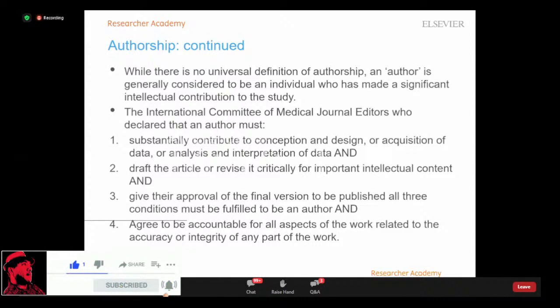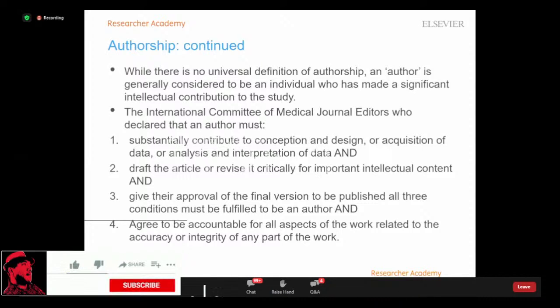The next slide follows up on this. There's no one universal definition of authorship, but in general, as I described earlier, the International Committee of Medical Journal Editors has declared that an author must adhere to these four points. There must be a substantial contribution to the conception and design, acquisition of the data, or the analysis and interpretation of the data, and drafting the article or revising it critically for important intellectual content, and giving approval, and of course agreeing to be accountable for all aspects of the work, including the accuracy and integrity of any part of the work.